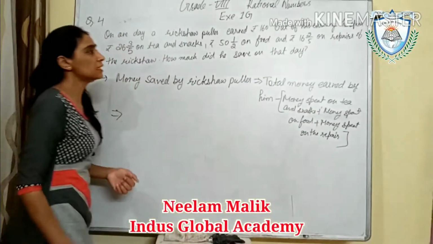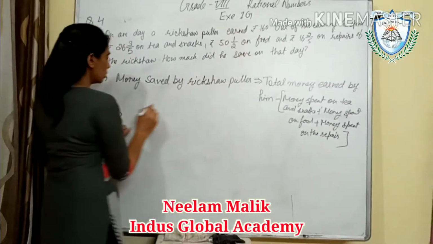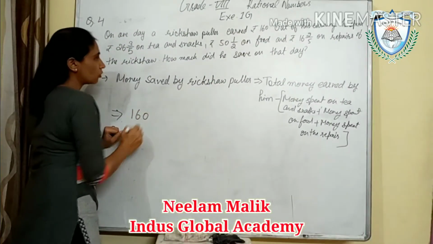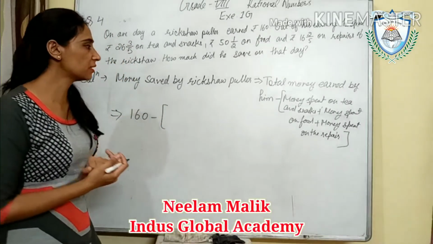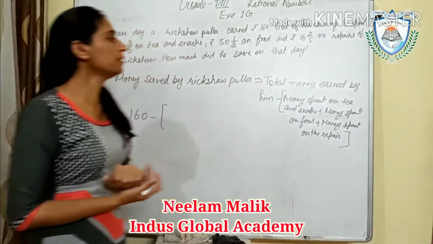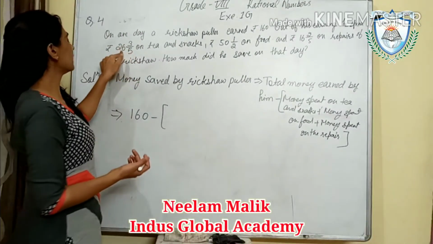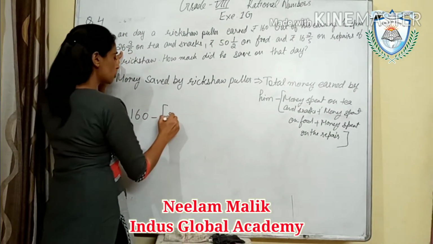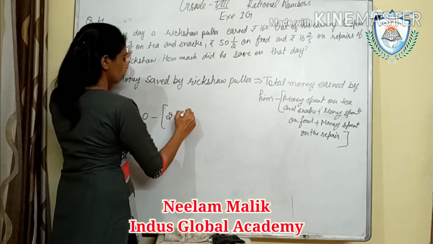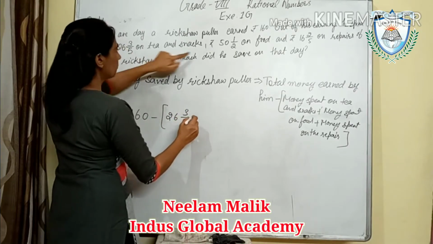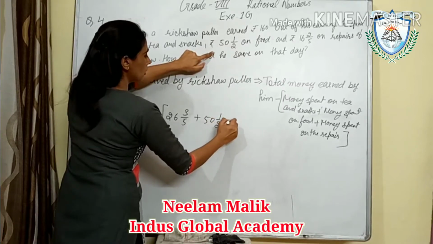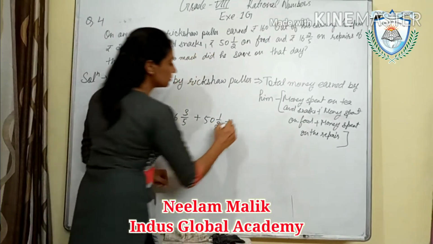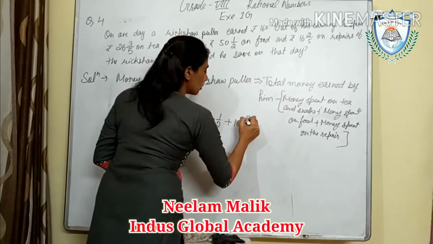Total money earned by him, what is that? That is rupees 160, minus, bracket start. Now money spent on tea and snacks, that is 26 3/5 plus 50 1/2 plus 16 2/5.